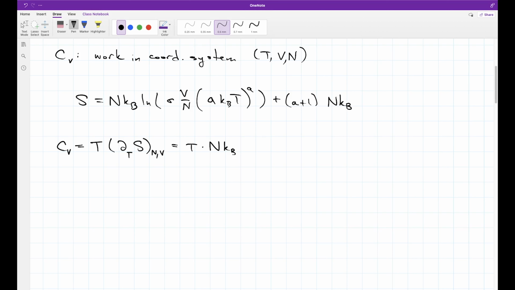Log of t to the a has derivative a times 1 over t. All right, so we get, at long last, a times n kb.